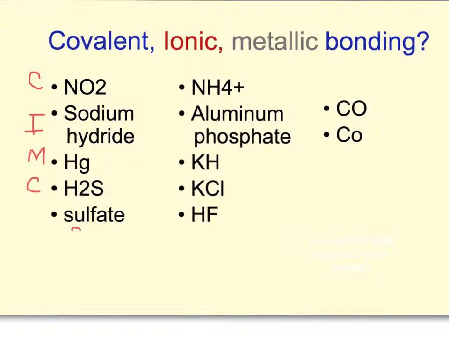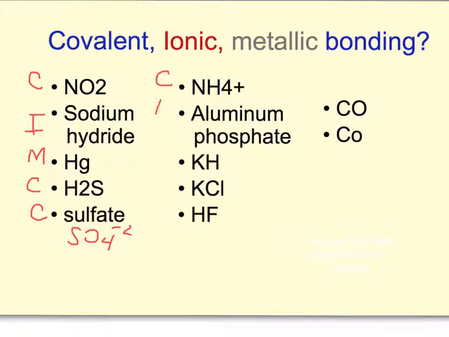Sulfate, if we look up what sulfate is, SO4 with a -2 charge. Both sulfur and oxygen are nonmetals, so we have covalent bonding. Nitrogen and hydrogen, that's NH4 plus 1, that is ammonium, and both nitrogen and hydrogen are nonmetals, so we have a covalent bond.